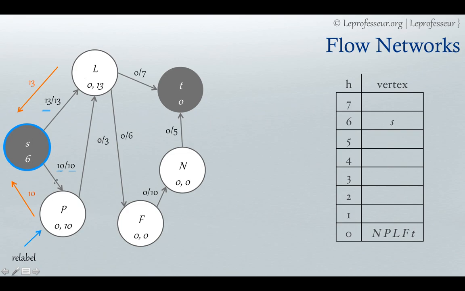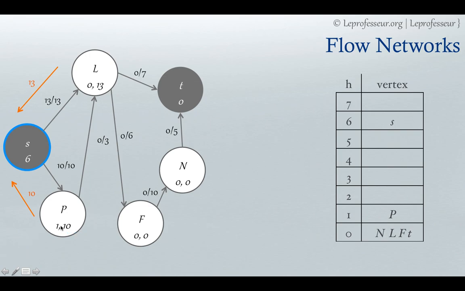Now we get a relabel operation, because here we have excess flow value at node P, 10, which is not 0. It means it has some fluid or water which it can transfer, but it is not able to transfer because it has the same height as its neighbor vertex L. So we increase its height, or we relabel it.